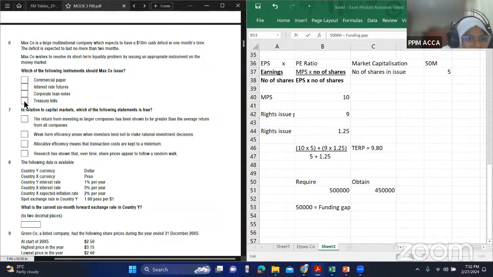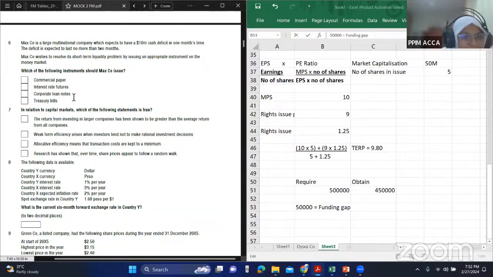You as the public, you can buy it. With time, the government will pay you an interest and they will repay however much you bought the bill for. Now, that is not in any way syncing with what this company wants. The company wants money. The company can't issue treasury bills, right? Treasury bills are issued by the government. So definitely not D.